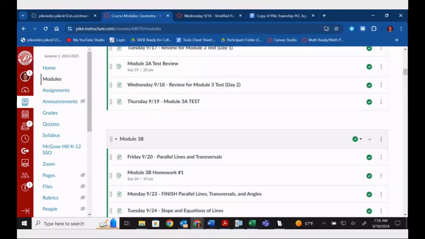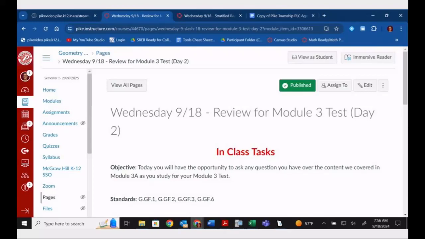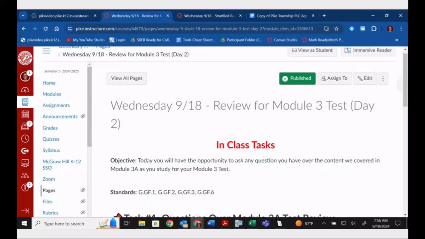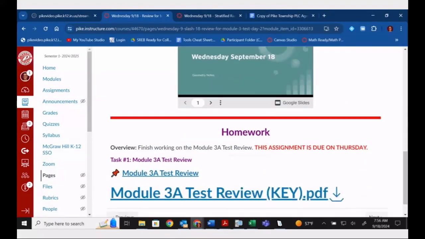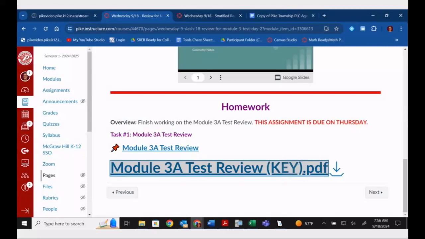It says Wednesday, 9/18, review for Module 3 test day 2. You have to click on that page. And then once you're on this page, you're going to scroll all the way to the very bottom, right down here where it says Module 3A Test Review Key PDF.